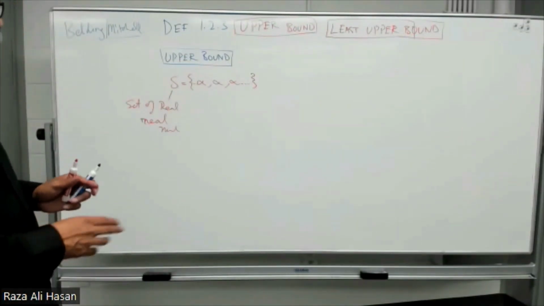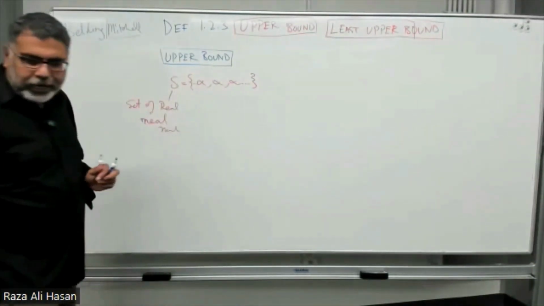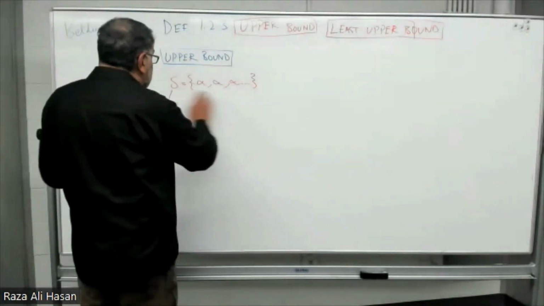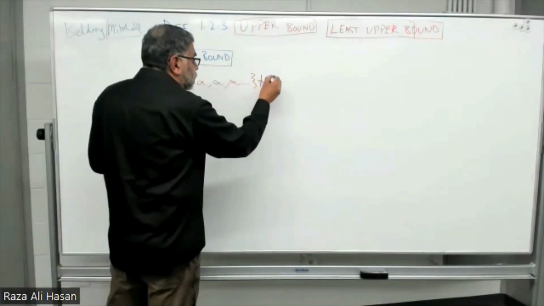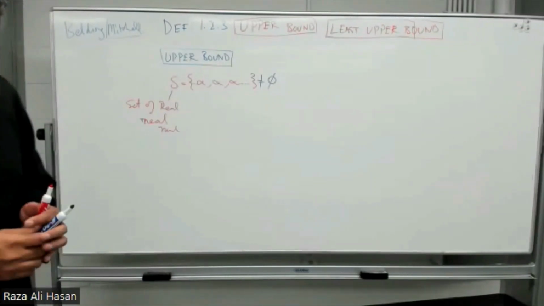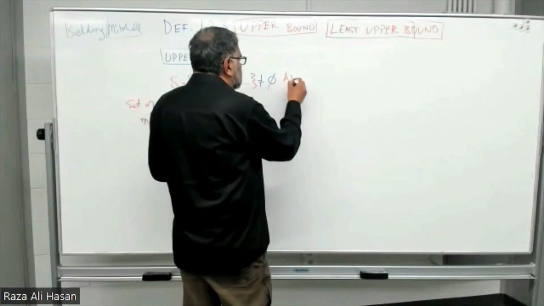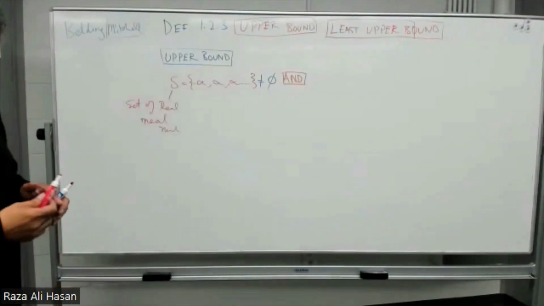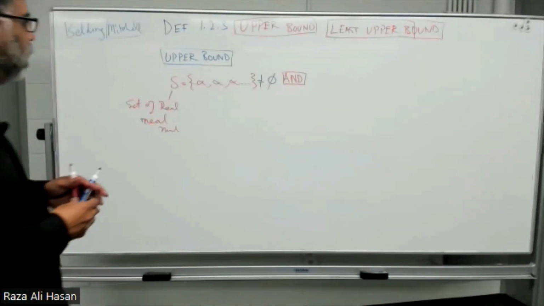So what do we need for an upper bound? We need a set that is not empty, in other words, not equal to the empty set.